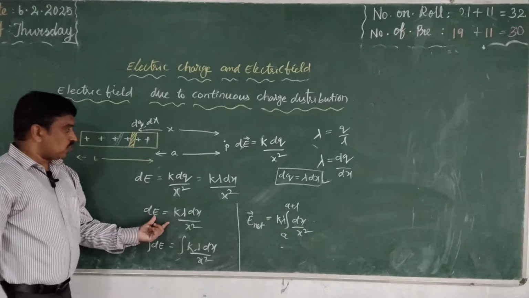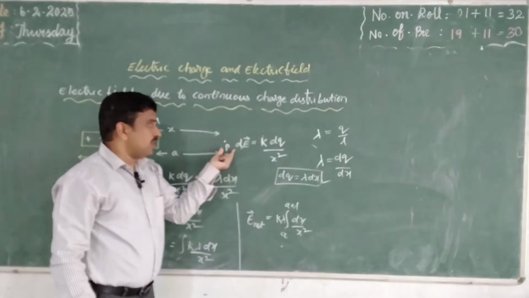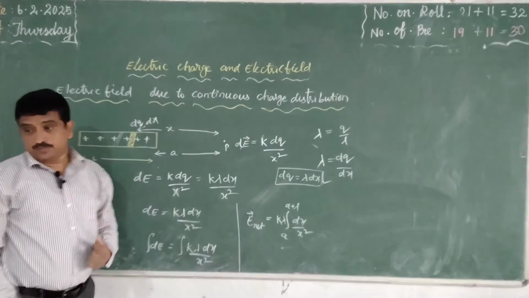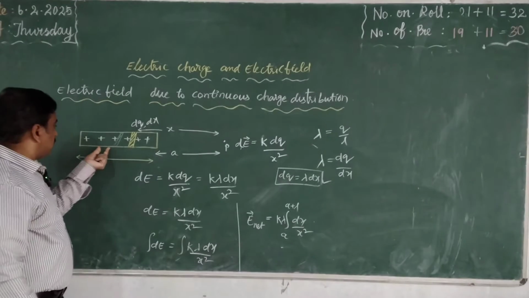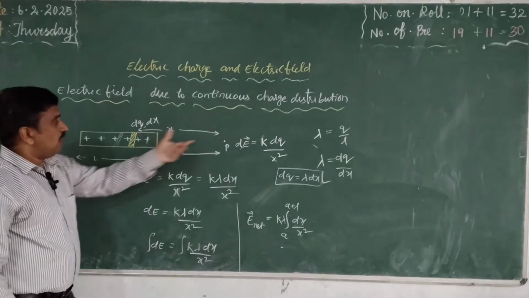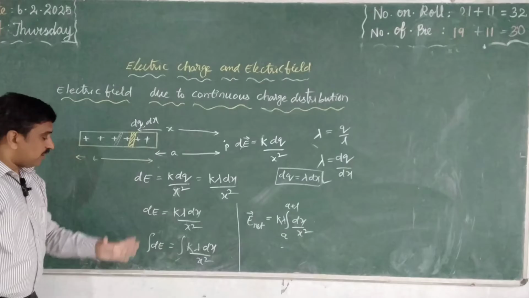So dE is the electric field at point P due to this dq, dE equals k lambda dx by x square. Again, for all the dq's there are electric fields dE1, dE2, dE3 and so on, and we take the integration.